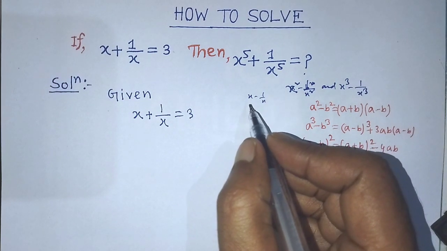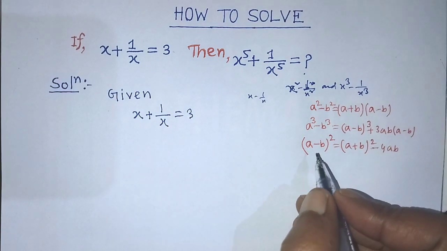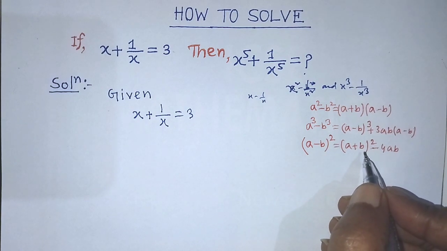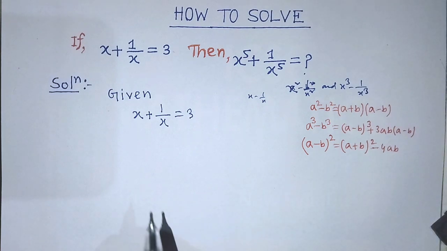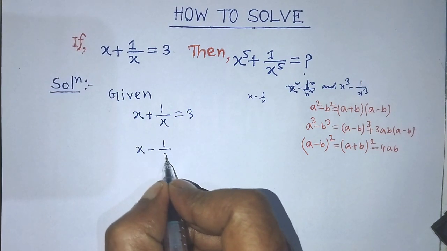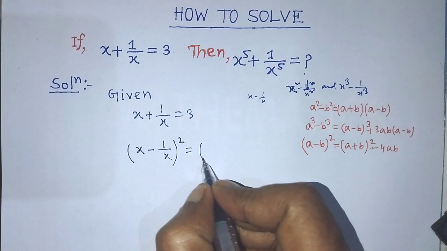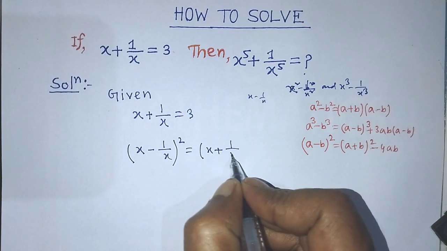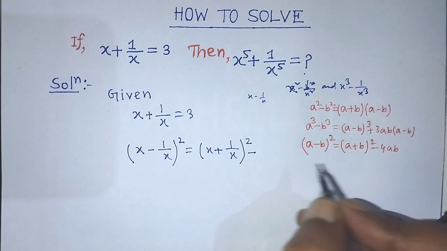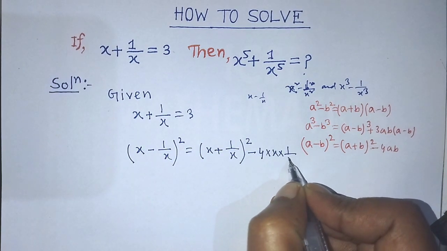So student, to find the value of x minus 1 over x from this equation, we have to apply this formula: a minus b whole square is equal to a plus b whole square minus 4ab. So we can write here x minus 1 over x whole to the power 2 is equal to x plus 1 over x whole to the power 2 minus, in the place of 4ab, 4 into x into 1 over x.